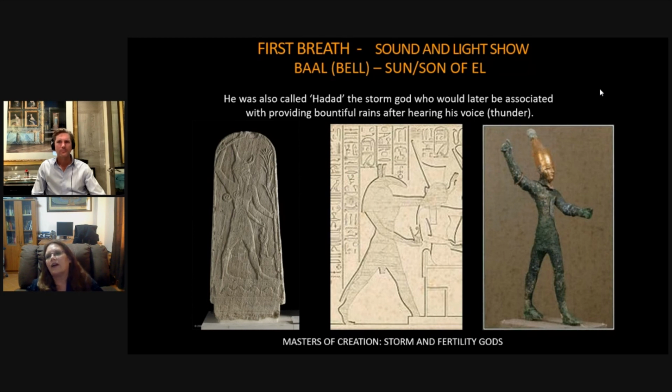So there are thunder gods all over the world, and they're all creator gods, because that first sound and light show is creation. They were the masters of creation, if you will. Even Zeus and Odin. Same story. Thor. All over the world.